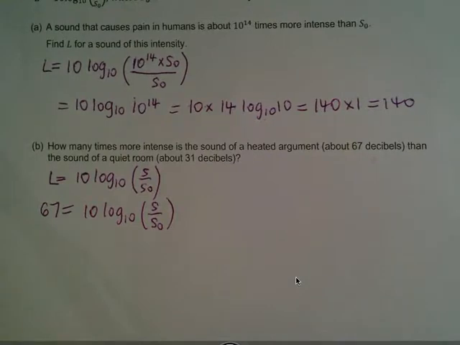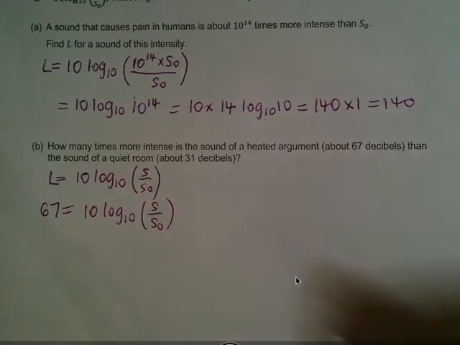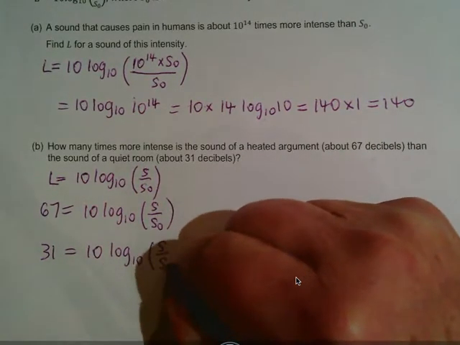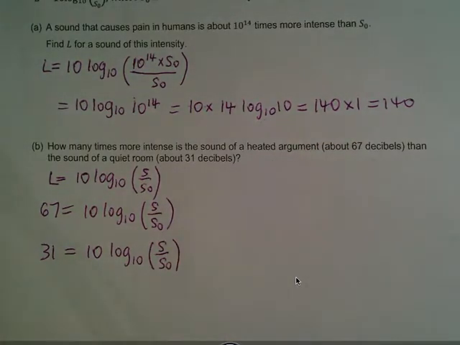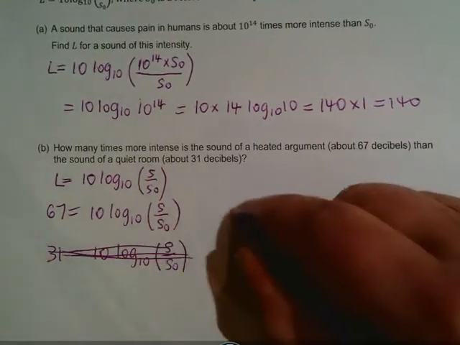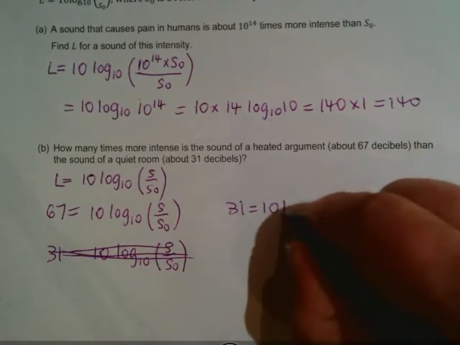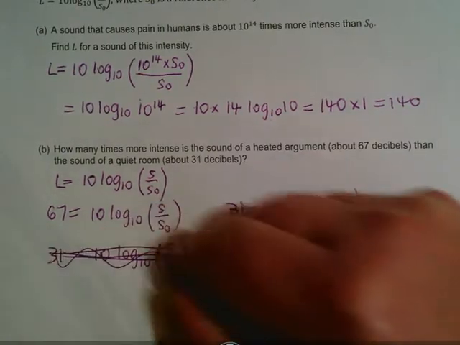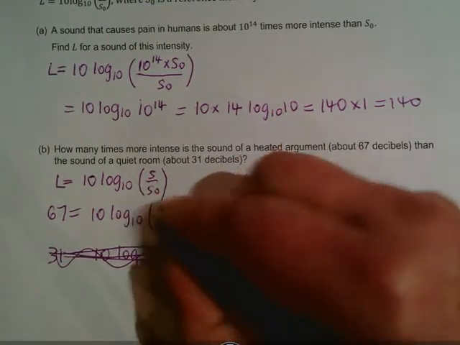And it's saying how many times more intense is that sound than the sound of a quiet room. So looking at the quiet room, 31 equals 10 log to the base 10 of S over S sub 0. So let's just work out what this bracket is.